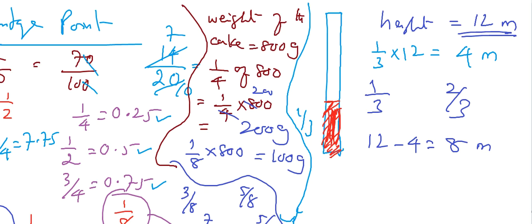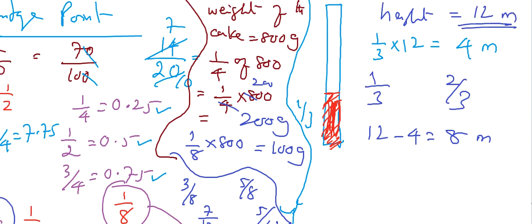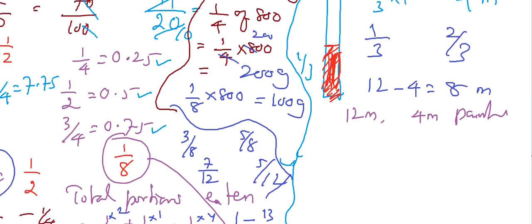Okay, let's look at this question in a different way. Suppose it's given, height of the pole is 12 meters and 4 meter length got painted. So what portion of the pole is not painted?